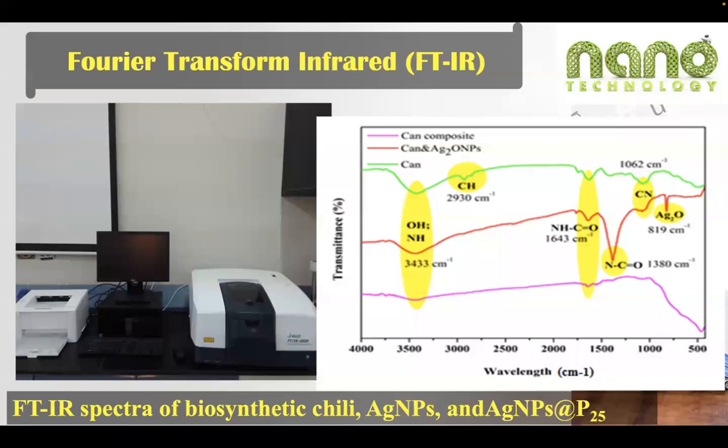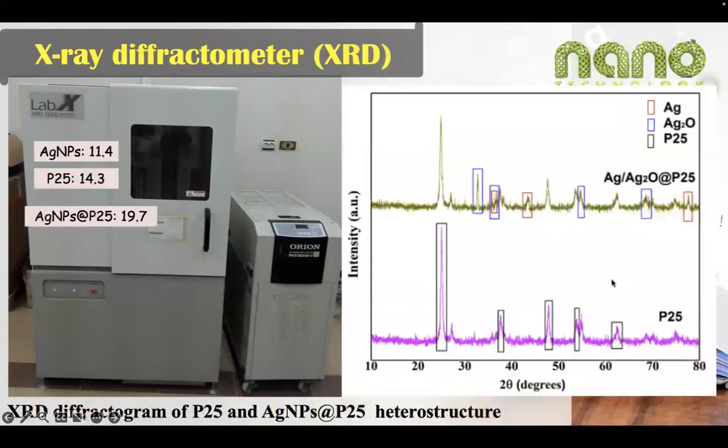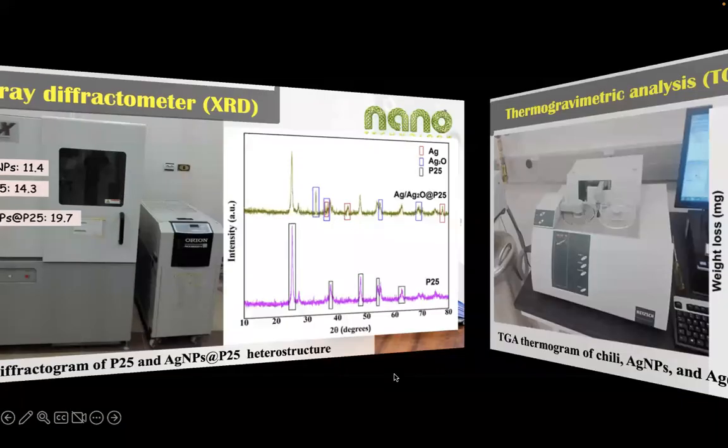The infrared, as we all know, characterizes the functional groups like hydroxy, amino group, etc. Then XRD, this is a very efficient method. And here, as you can see for silver and Ag2O and B25, as illustrated in the chart.